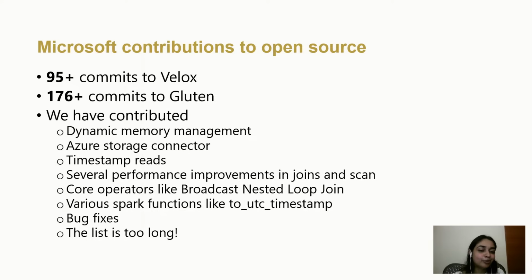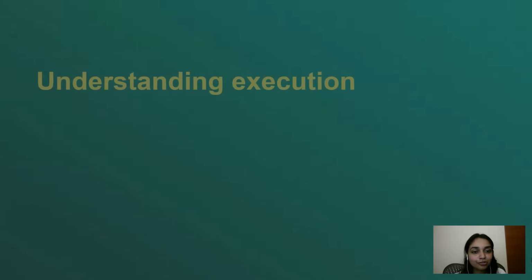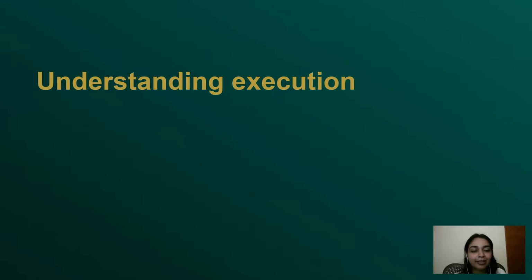Like that last bullet point, the list is honestly too long for this slide. But I encourage everybody who watches this to go to GitHub, explore commits, and look at the stuff that we are contributing back to open source. We are super committed to giving back to the community what it's giving to us.